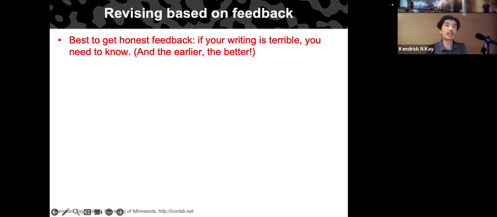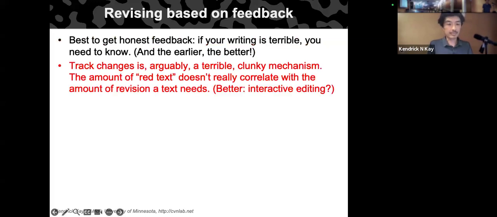So if there are major issues, you want to have a discussion, and it's more fun and arguably more productive to have a discussion. Yeah, track changes is terrible, but it's like the least bad way, possibly. Someone needs to invent a better method.